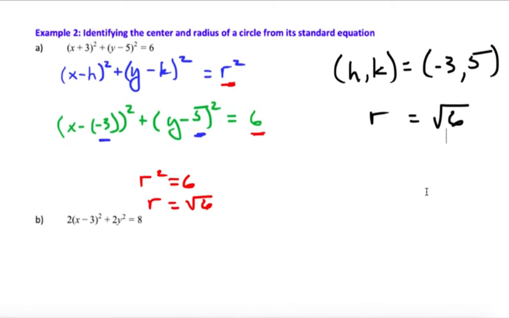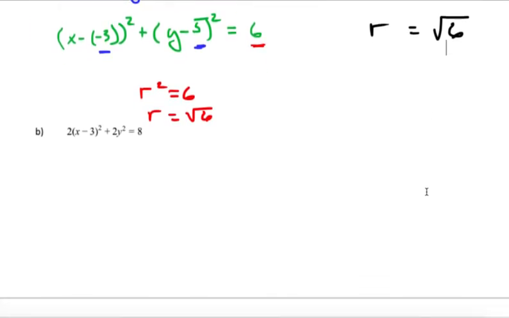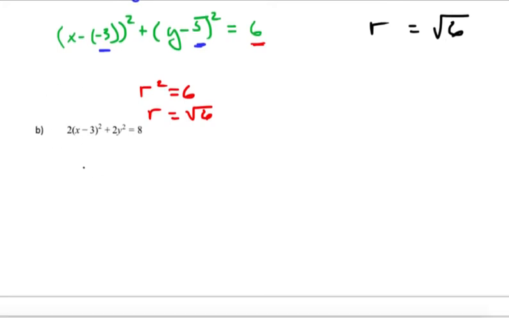Now in the second example, we have an equation that looks a little bit different. In order for us to determine what the center and the radius is, we're going to have to make sure that this looks like standard form.